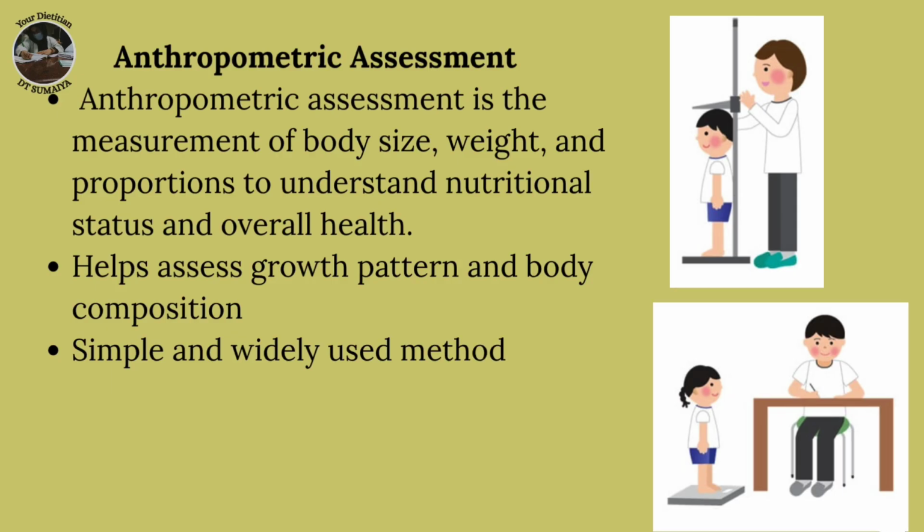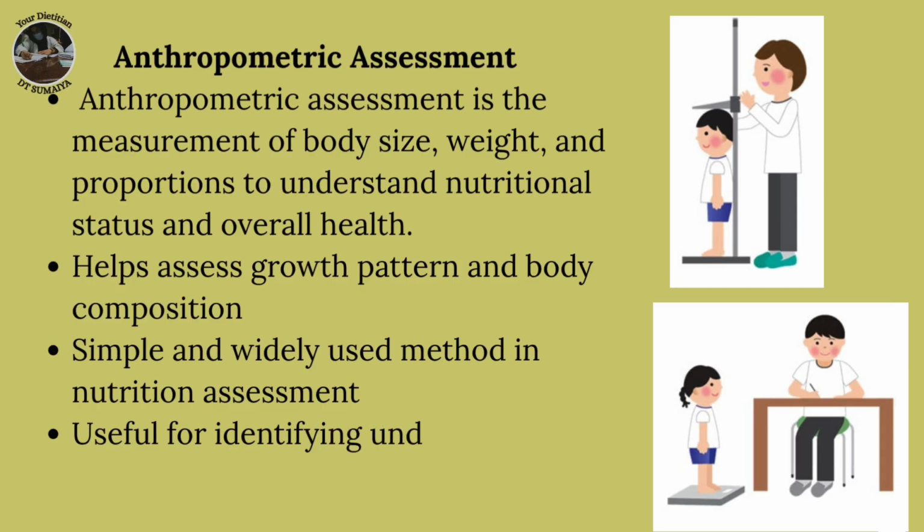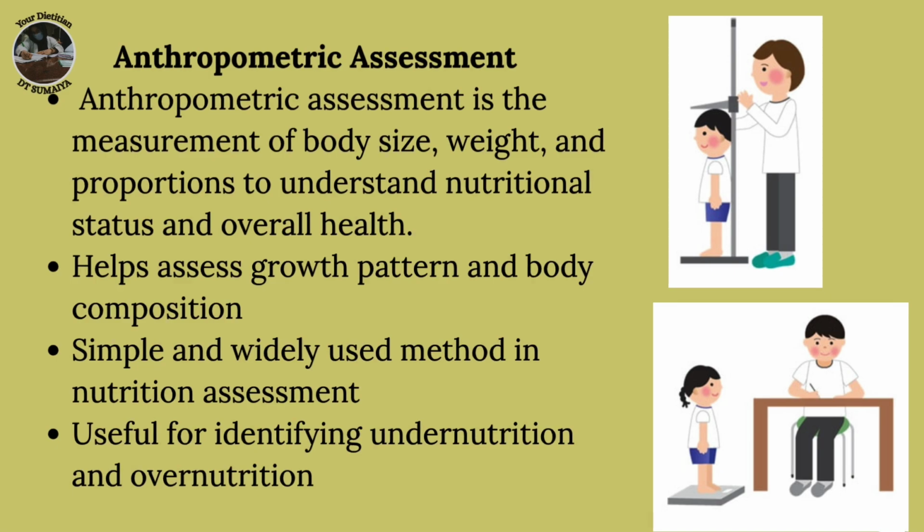So we get a clear idea if the person is underweight, overweight, or in other categories of obesity, and also whether overall body growth and proportions are proper or not. So all these important things we can understand from anthropometric assessment.